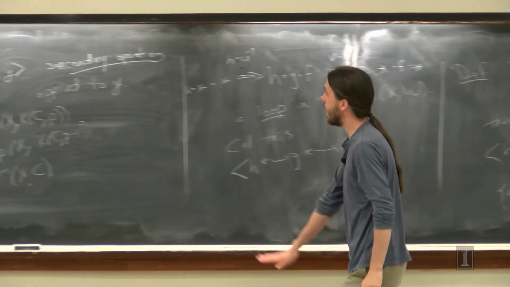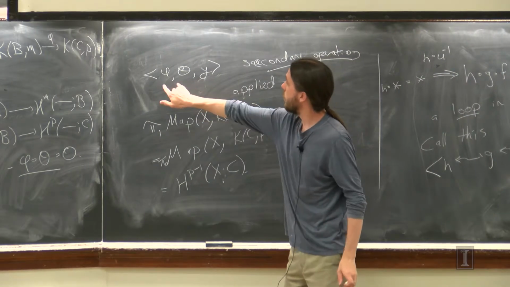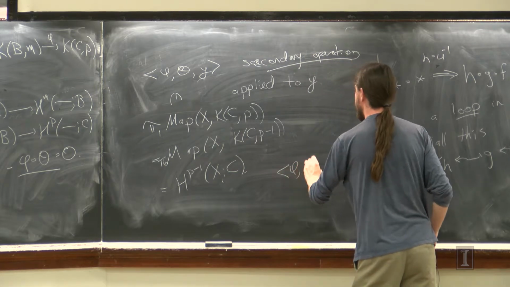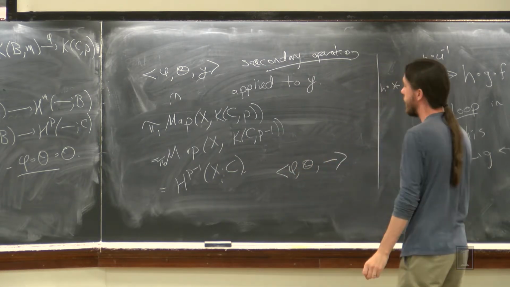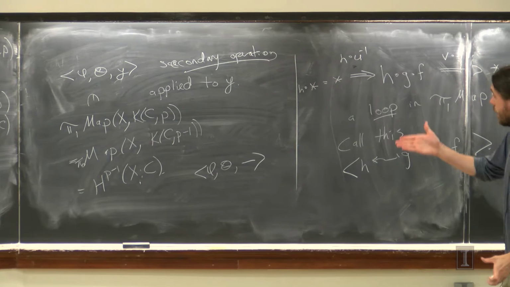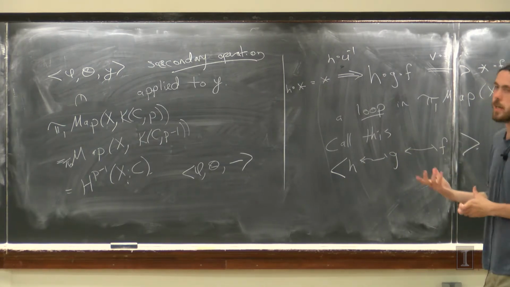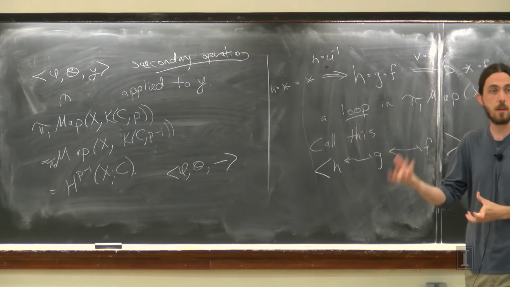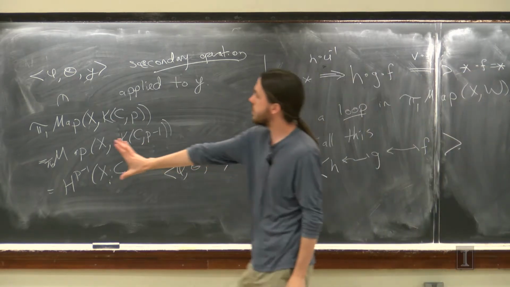And as we let y vary, we get this thing, which is a secondary operation that we can plug things into. We can't plug in anything. We can only plug in things where theta vanishes. And we have indeterminacy.